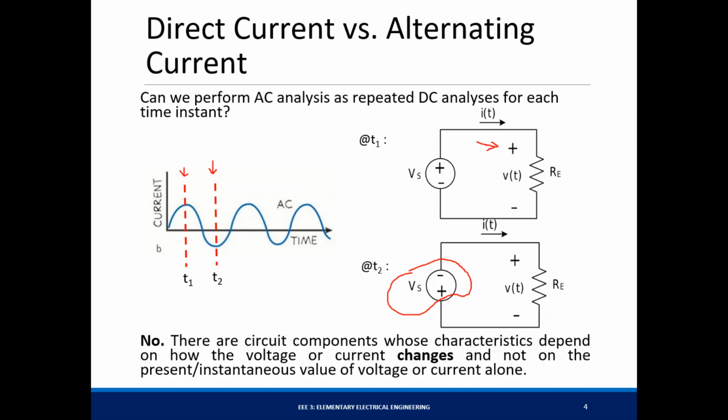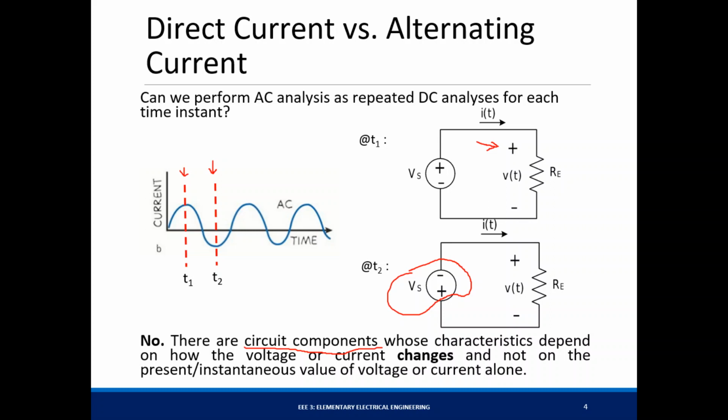However, we cannot do that because there exist some circuit elements whose characteristics are defined by a change in voltage or a change in current. And because we're only dealing with DC for the past 5 lectures, there's no change in voltage or current. Therefore, these elements do not react to that.